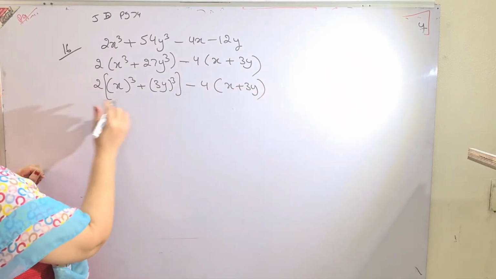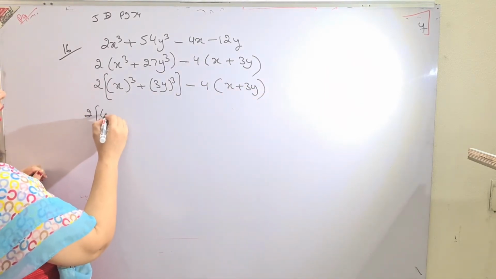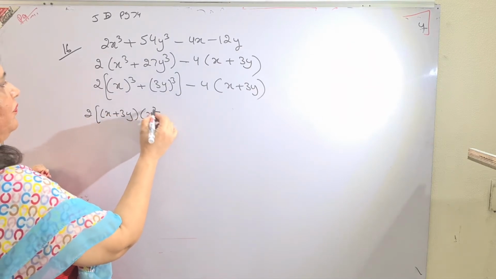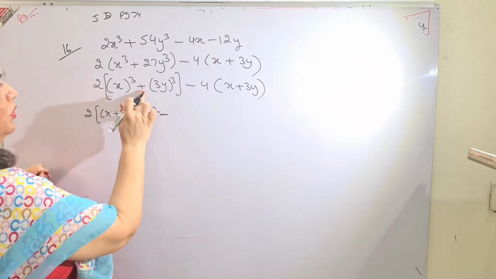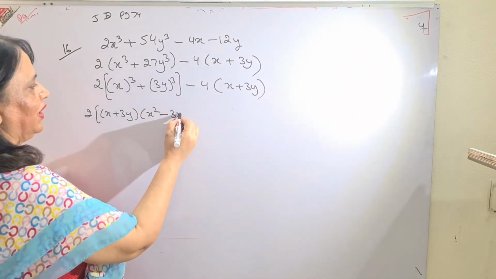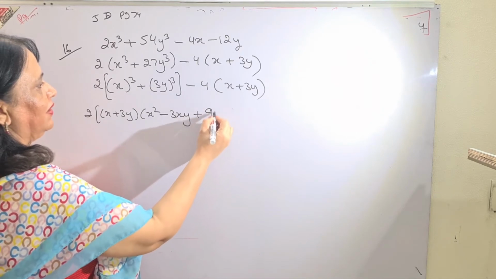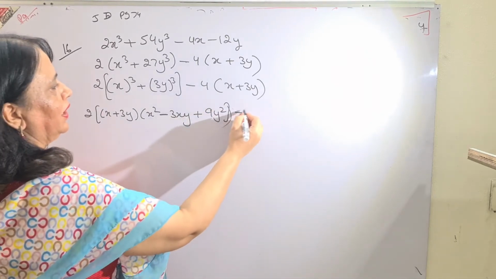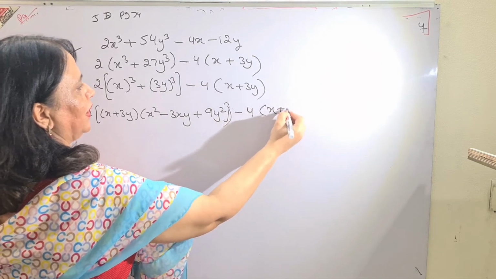A cube plus b cube, please put the formula. x plus 3y, x square, first term square, minus, because if plus, then the mixed term will be minus 3xy plus 9y square, second term square, minus 4x plus 3y.